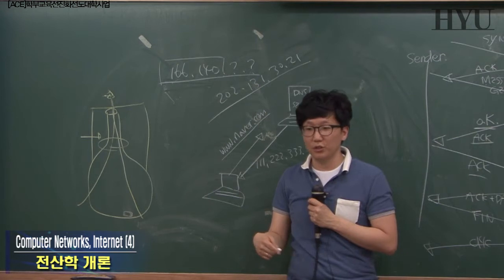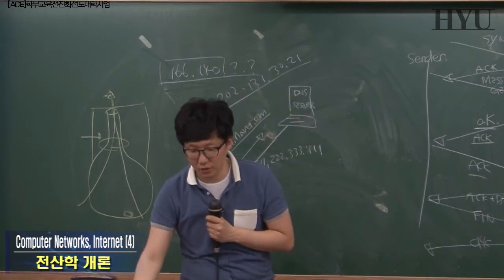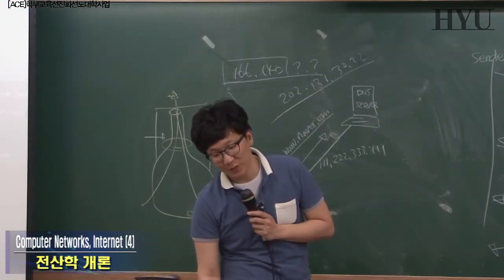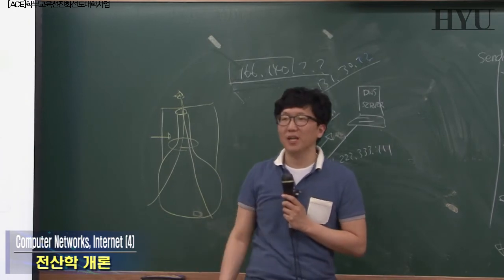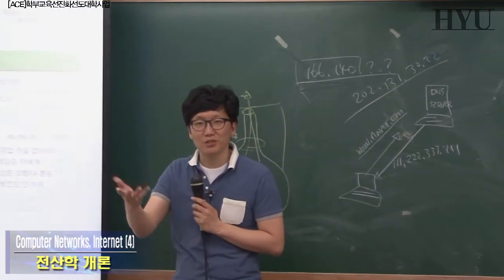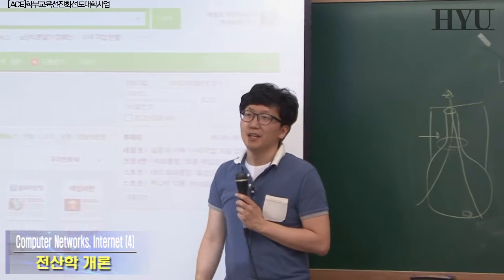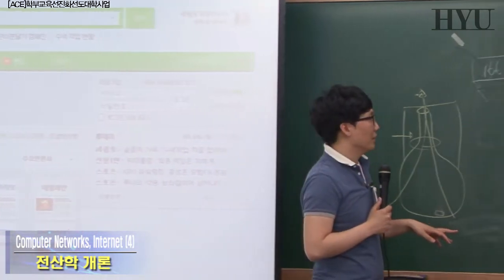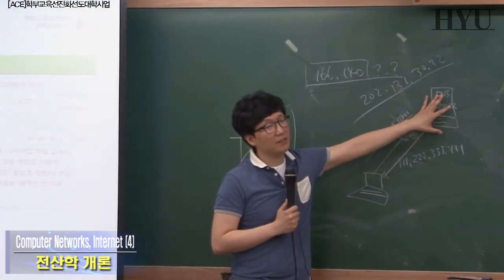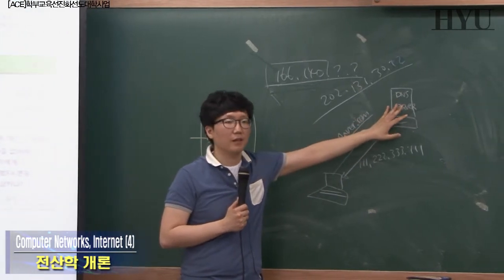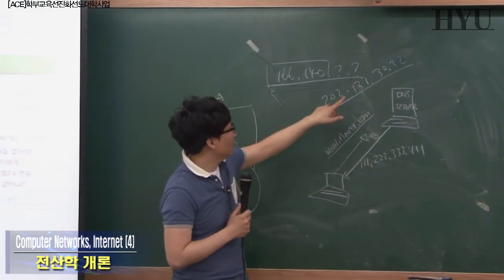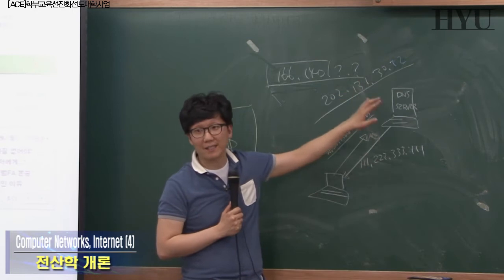So in the web browser, you can type in this IP address too. But we don't usually memorize naver.com's IP address. We usually memorize the names only. Right? I'm just saying there are DNS, or domain name service, servers right here. They give you the IP answer every single time I ask.